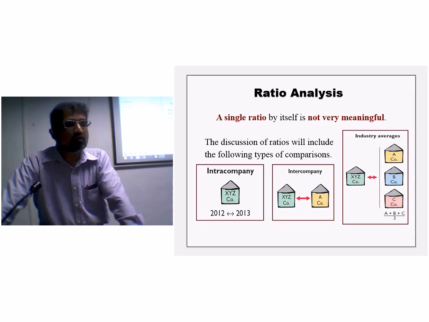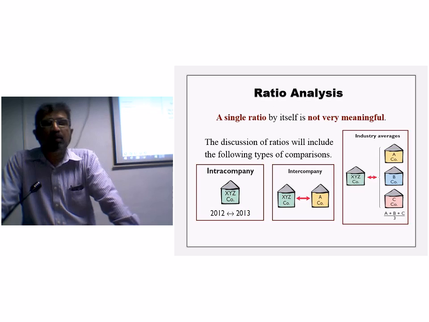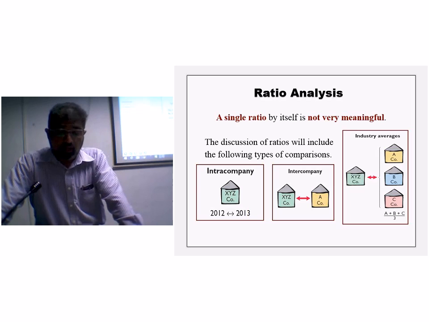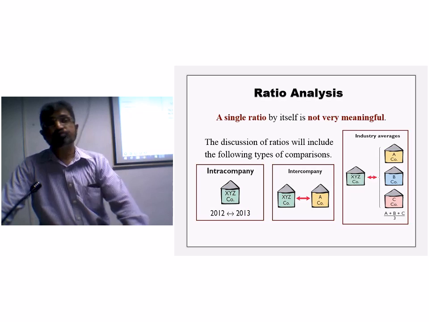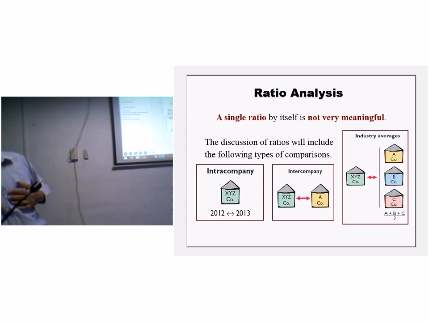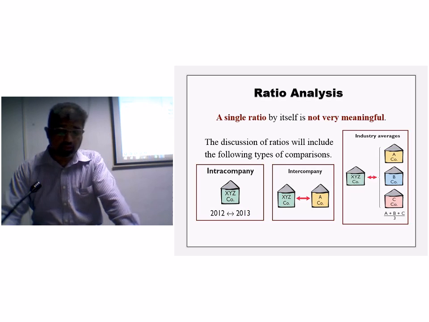Based on that, we calculate the ratio from the financial statement information. After getting them, we can compare between periods, between different competing companies or firms, and finally with the industry norms, industry average, right? Then you can see a clear picture here.